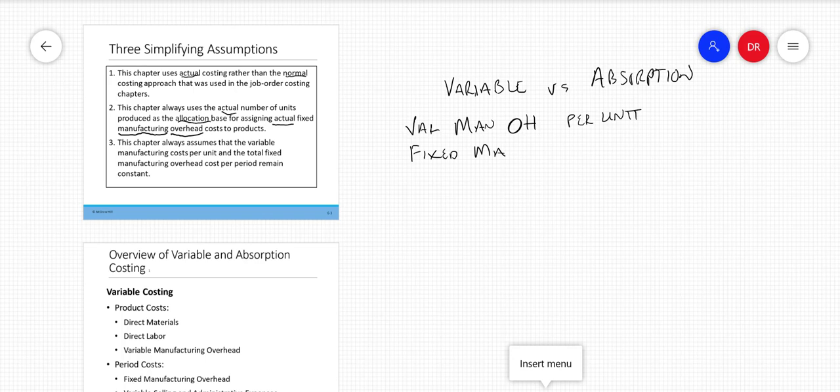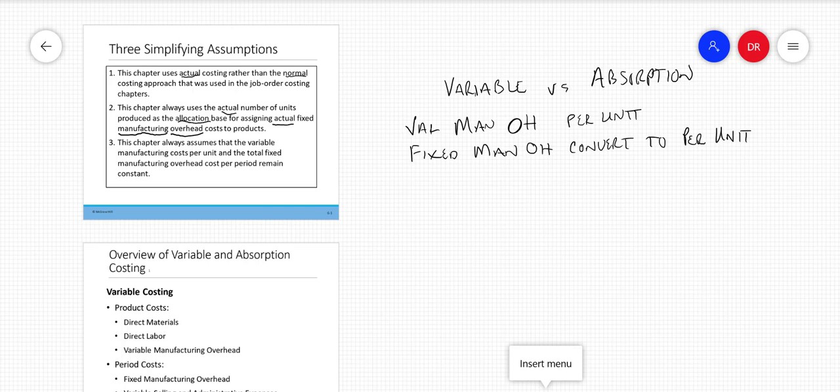And the thing is, when we're doing the allocation of overhead, when we're identifying where it belongs, we'll want to take this fixed manufacturing overhead and convert it to a per unit basis. And the way we're going to do that is we're going to divide the fixed manufacturing overhead cost by the units produced. So that's an important distinction.